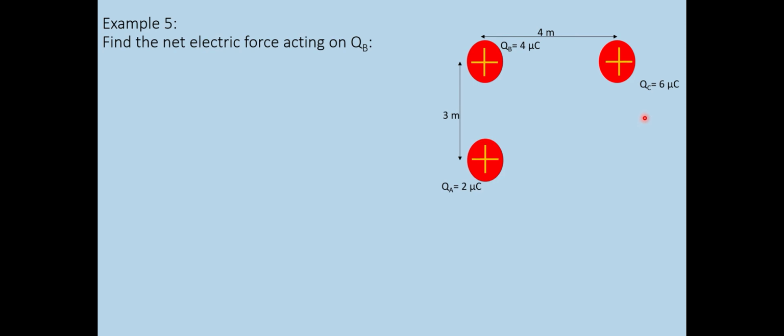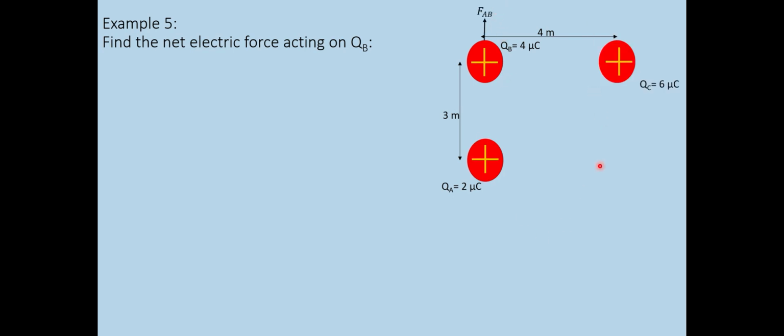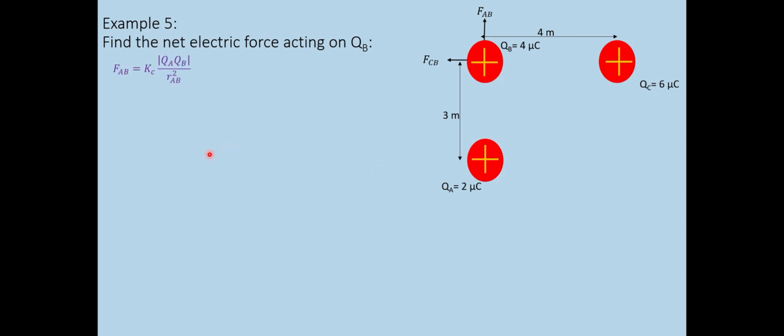Another example, we have three charges, QB, QA, and QC. We cover QC, we will say that A repels B away, so it pushes it up. And then we cover A, and C pushes or repels B to the left. So we did the drawing for FAB and FCB. We calculate FAB, we replace the values.